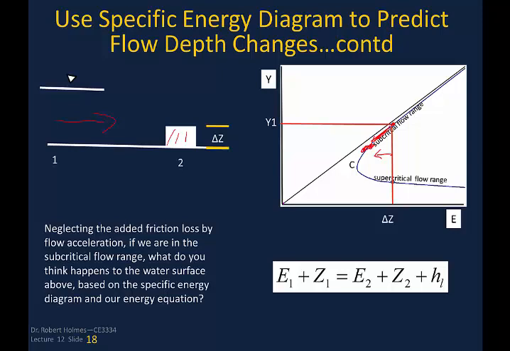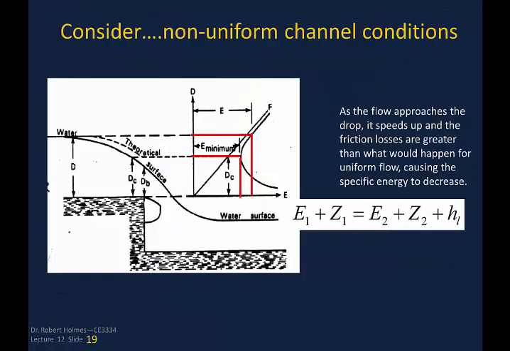So I know if I'm in the subcritical flow range, at my location downstream, I've got to be at a smaller value of the specific energy than I did upstream. If you look at the graphic here, you can see that it's going to draw the water down because it's speeding up. You can actually predict what's going to happen based on the specific energy diagram.